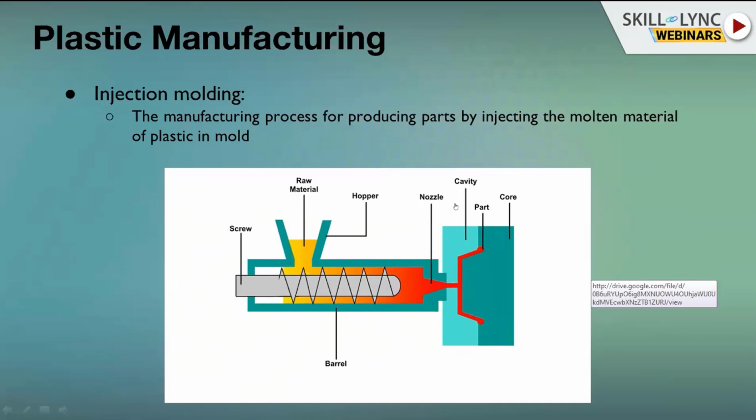In industry there will be a big mold; for representation purposes we have shown the core and cavity. Here there is a barrel into which the raw plastic material is poured. Heating elements heat the plastic material and melt it. And as the name indicates, injection molding works on an injection principle.